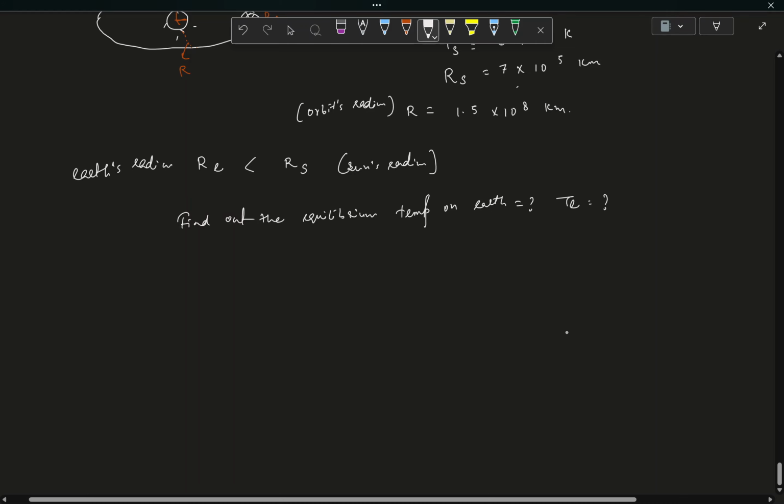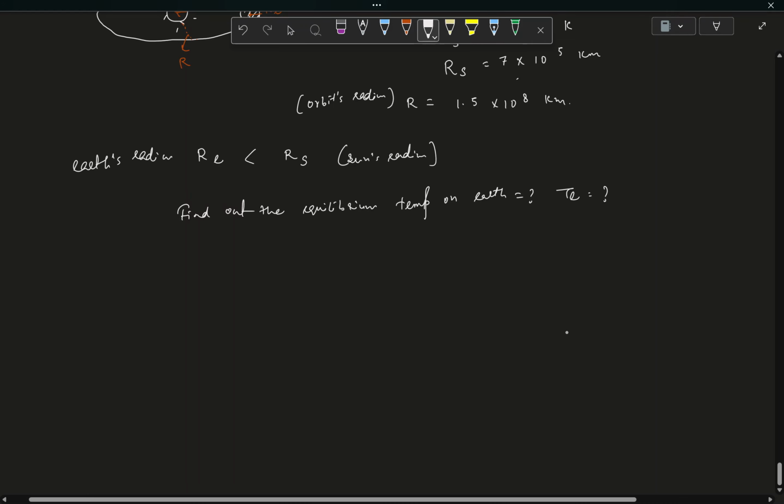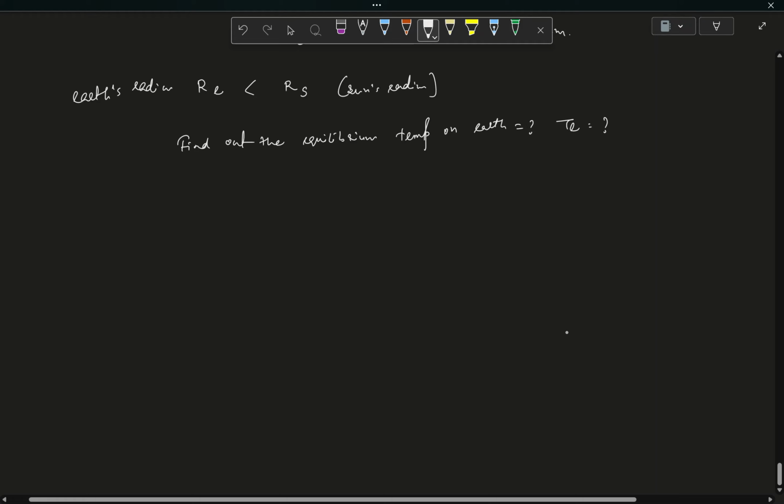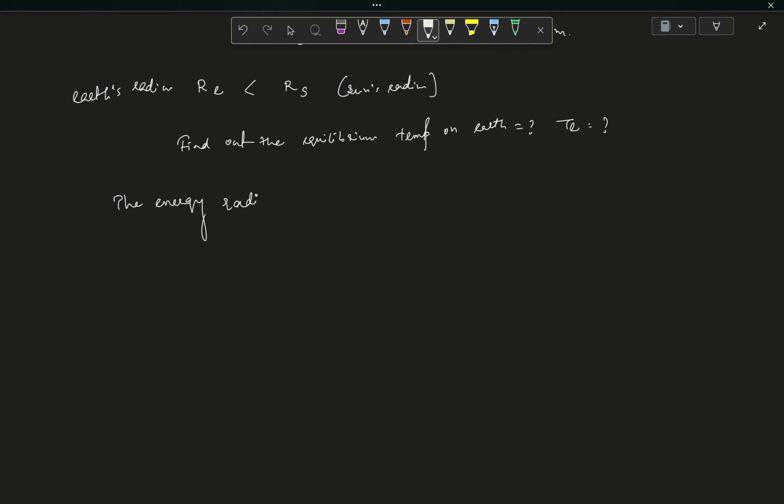So you have to know how much energy is radiated per unit time from the Sun. You have the Stefan's law directly to get that value. The energy radiated from the Sun per second is equal to Q, let's say. Q equals epsilon E equals epsilon A sigma T to the power 4, right?